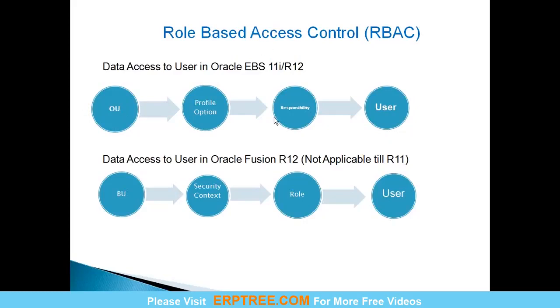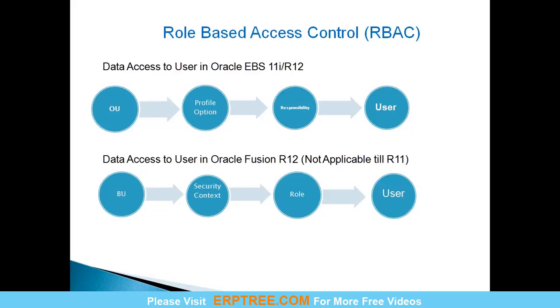Let's look at this slide. See here, data access to users in EBS 11 and release 12. Say for example, we have one user and we have to give the permissions to the user to work on the purchasing application. Say I want to assign the purchasing super user responsibility.